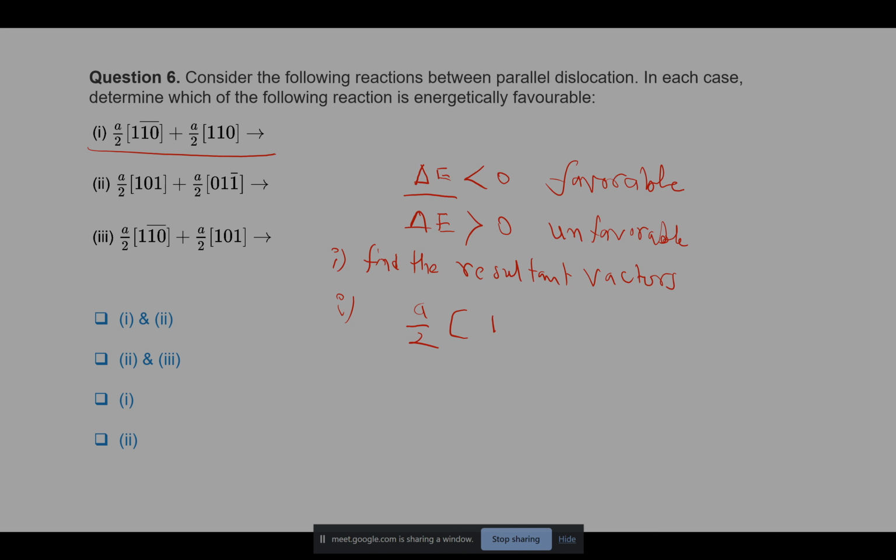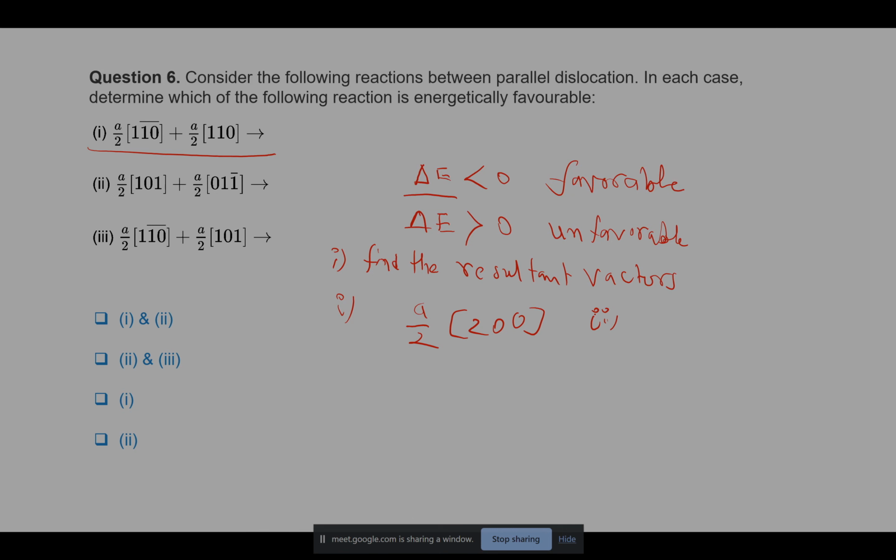So the vector will be 2, and the second one will be 0, and the third one will be 0.